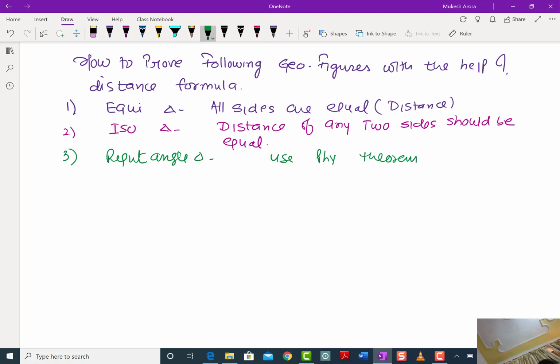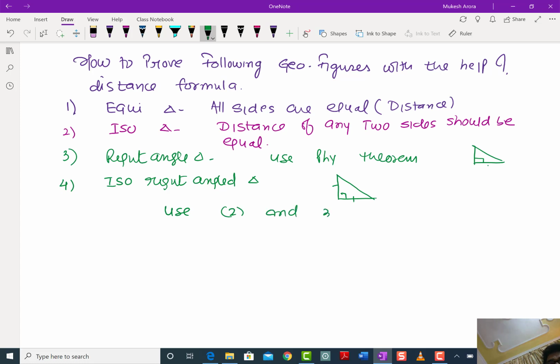That means the sum of the squares of any two sides should be equal to the square of the third. Four, isosceles right angled triangle. Use the properties of both 2 and 3.